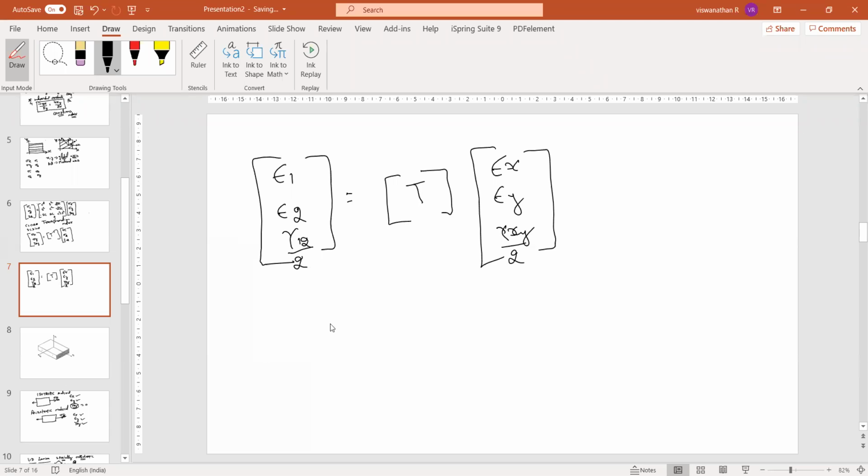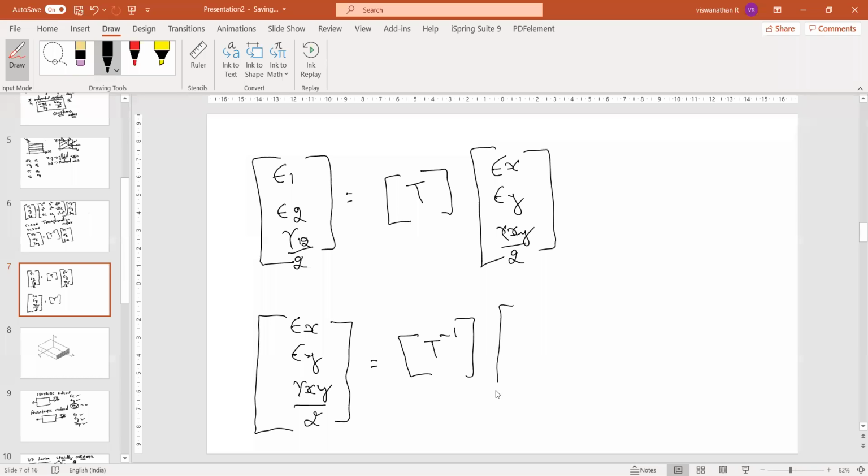Now if you want the other way, it will be epsilon x, epsilon y, gamma xy by 2, equal to the inverse transformation of epsilon 1, epsilon 2, gamma 12 by 2.